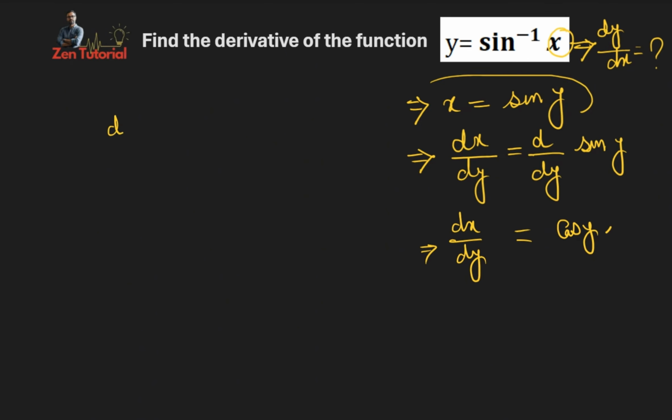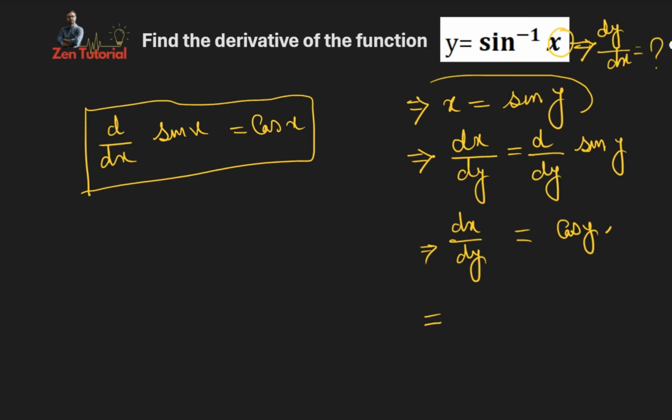We know from the basic differentiation formula that d over dx of sine x is equal to cos x. This is a formula. Now what we have to determine is dy by dx. If we invert this equation, or cross multiply, we can write dy by dx equals 1 over cos of y.